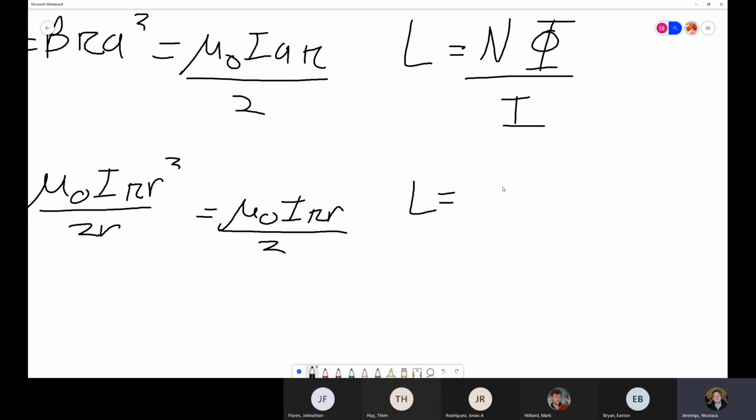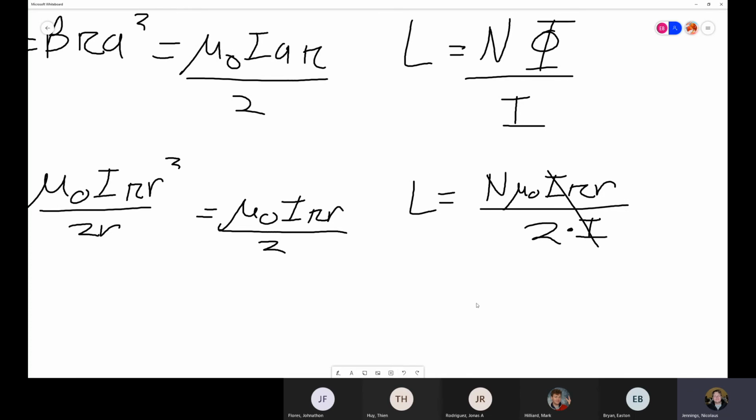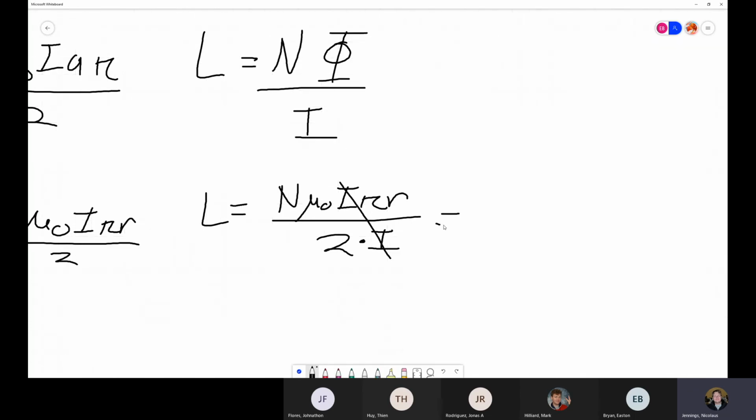L is equal to N mu naught I pi r over 2, and then this is times I. Okay, we then have I's that cancel, and that's all that's left. Then we're left with N mu naught pi r over 2.